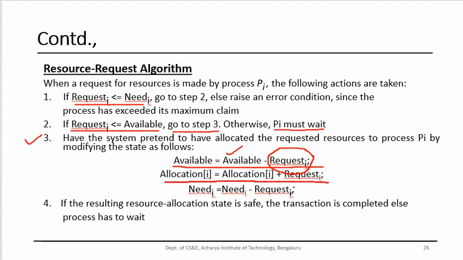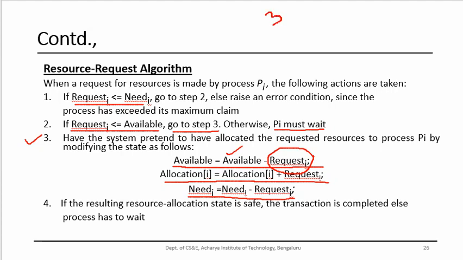And for the allocation, the process Pi had some resources. Now since we are granting its new request, we are adding those resources also to the allocation. That means we are granting the resources that the process requested. And once we grant this, these many resources are to be subtracted from need of i. So it is something like this.